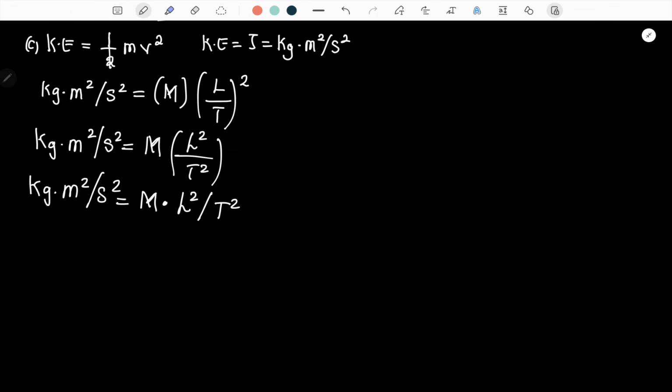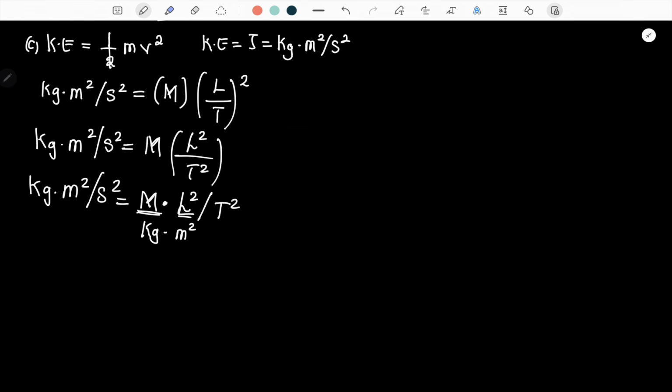Now, because this is in MLT concept, I can choose either to take it in units. If I take it in units, let me show you what I'm trying to say. This is the mass. The units is simply kg. This is the length. The units is simply meters.